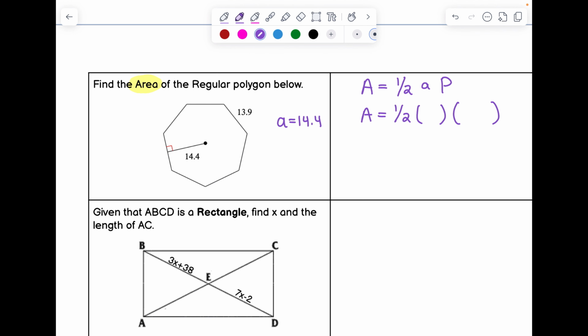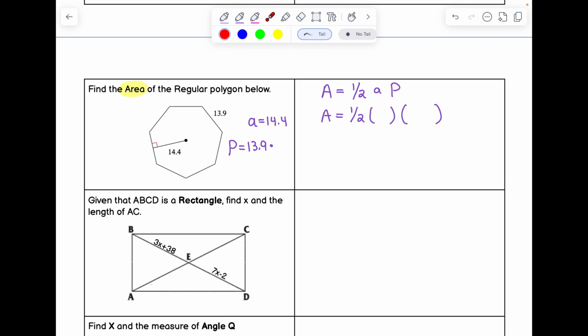The perimeter is 3.9 times how many sides there are. Well, let's continue where we left off. We're trying to find the perimeter. And this shape has, I believe, 7 sides. And so we have to do 3.9 times 7 to find the perimeter.